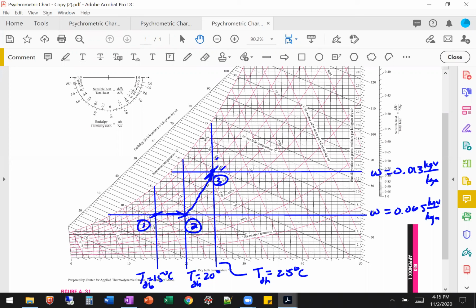All right, so we have specific humidity that we grabbed from our points over here and here. And then the other one was enthalpy, which is just our lines right here. So at H3, I had 58.5 kilojoules per kilogram dry air.